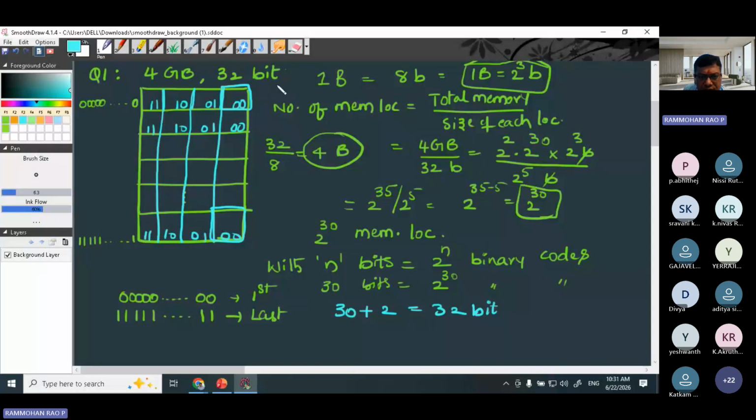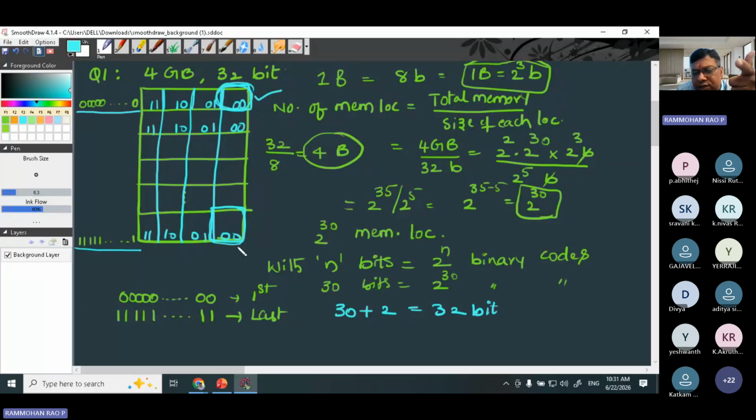What is the address of this location? It is 30 zeros plus 00. What is the address of this one? 32 zeros. Whereas what is the address of this one? 30 ones plus 00. So like that, every byte will get a unique address. No doubt in that. So the final answer is 32-bit.